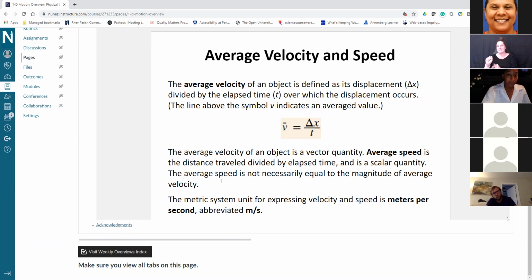So you see, just looking at this particular slide, average velocity is measured in meters per second. Average speed is measured in meters per second. So again, you can't just look at the unit. You have to understand what exactly you are being asked to explain or express or describe for the moving object, because they're two very different properties, all right?